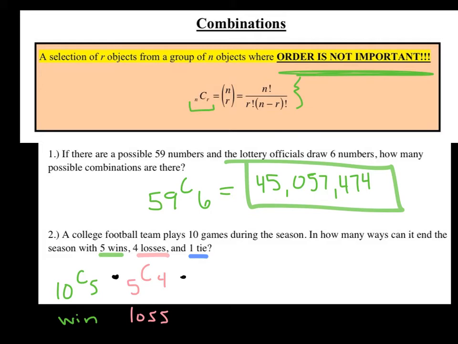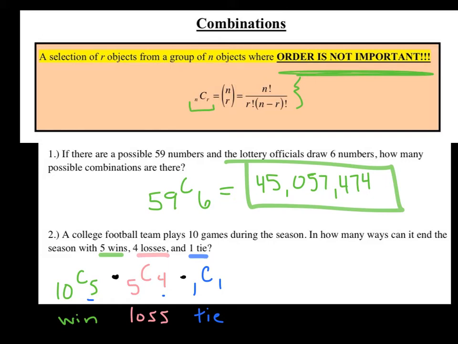And then the last game, so we've got 5 plus 4, that's 9, we need 10. So of the 1 remaining game left, we're going to tie. So 1 choose 1, left to tie. So you would have to do those 3 values in your calculator. So 10 choose 5 times 5 choose 4 times 1 choose 1.